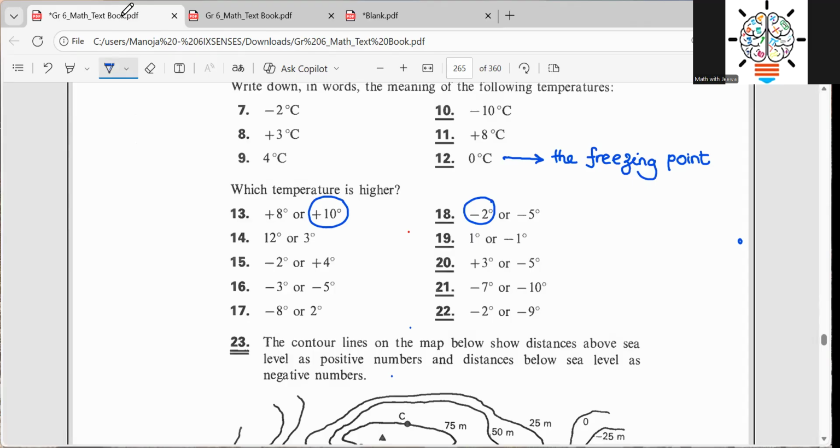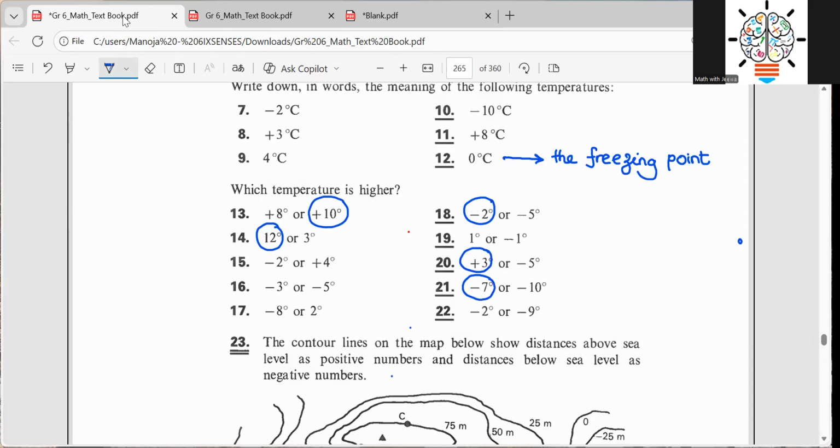When you compare two positive numbers, whichever number is far away from 0 will be the higher value. When you compare two negative numbers, negative 7 and negative 10, whichever is closer to 0 will be the higher value, right? If you compare a positive and a negative number, we don't need to think, for sure the positive number will be the higher value, right?